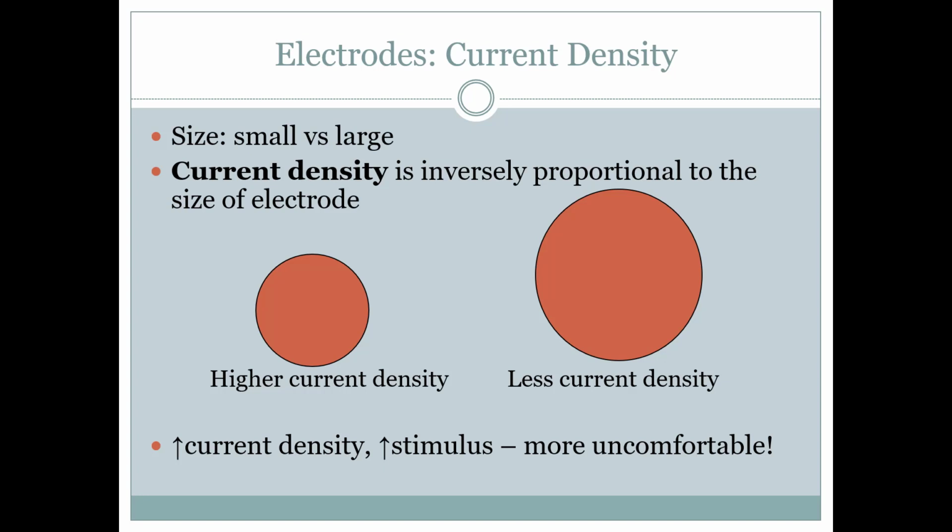The size of the electrode and its placement determine the number of motor units that are stimulated. A small electrode placed over a single muscle will stimulate only that muscle, whereas a larger electrode can stimulate a number of muscles. The size of electrodes also has a bearing on the current density under the electrode. The smaller the electrode is, the greater the current density will be as long as the current output is the same.